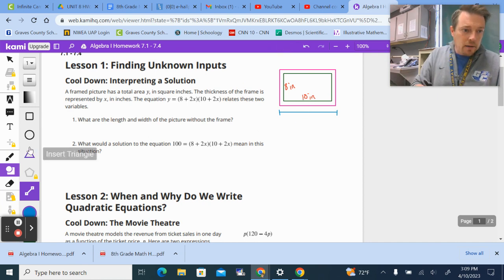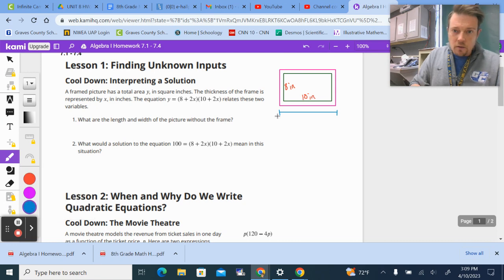It's at least 10, but I also know that I have this extra border that's been added to each side. So I know this part is 10, but I don't know how wide I made the border thickness. So those are represented by two unknowns. This is where they get this expression right here. It's 10 plus 2x long.